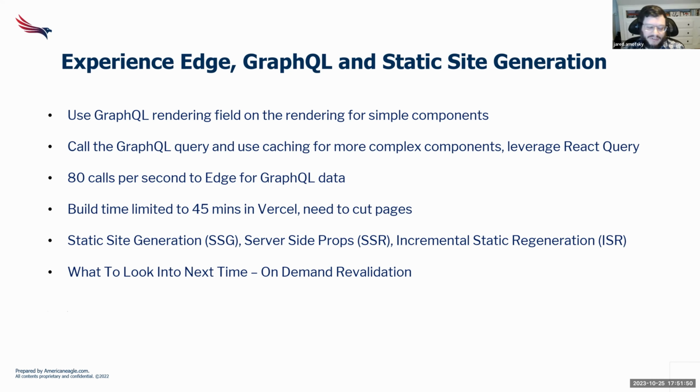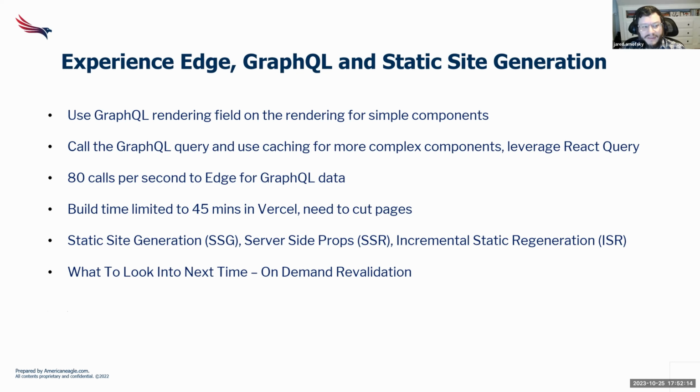You're not leveraging any variables. It's just a really simple use case. But for header and navigation and stuff like that, you really want to put your GraphQL query into your headless application, and then leverage something like React Query for caching in that kind of scenario.